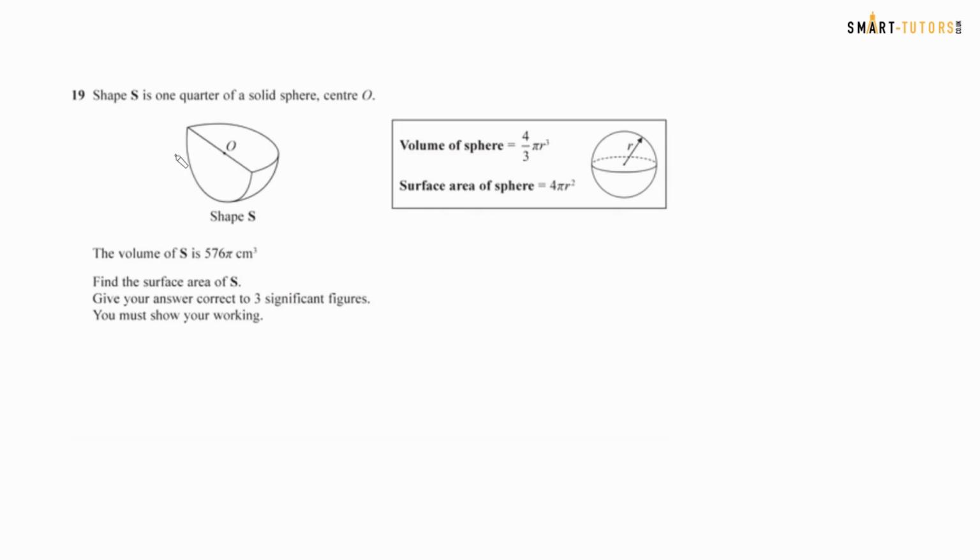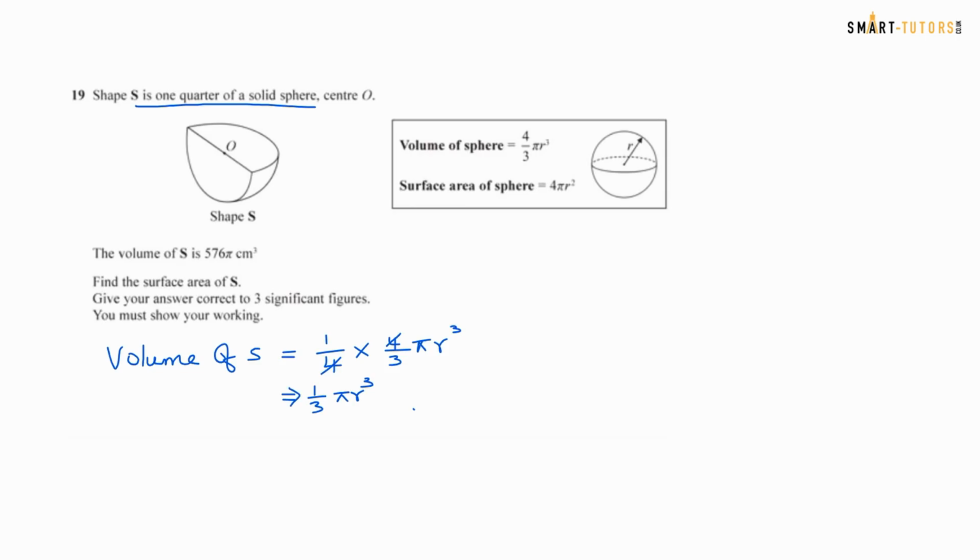So we need to find out what this shape actually is. They have given a small clue there. They have written it is 1/4 of a solid sphere. So the shape S is 1/4 of a solid sphere. So the volume of S is 1/4 of 4/3 pi r cubed. 4 and 4 cancel, so 1/3 pi r cubed is the volume of this shape.